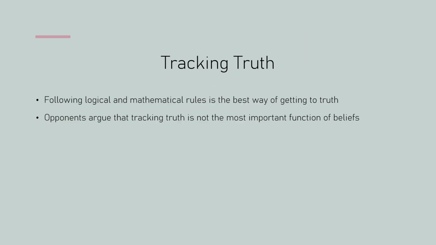Final thing that the textbook talks about is this idea of tracking truth. And there's the idea that following logical and mathematical rules is perhaps the best way to get to truth. However, opponents often argue that tracking truth is not the most important function of belief. So proponents of ecological rationality might say that the point of beliefs is evolutionary success.